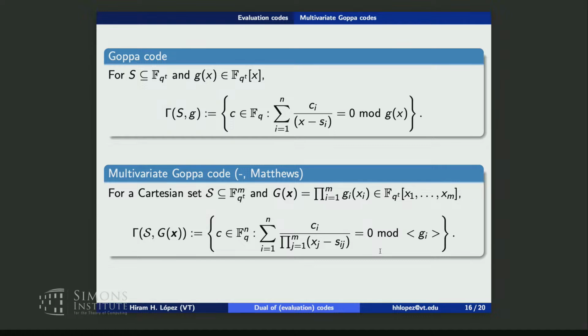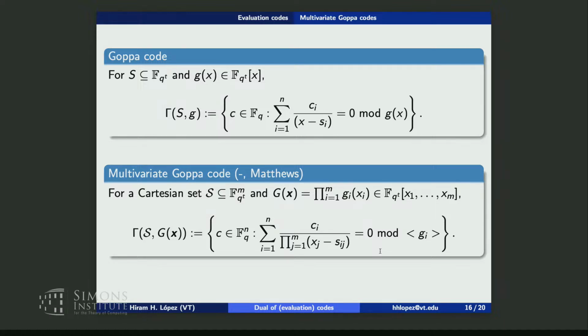I told you that this guy is the subfield subcode of the dual of a Reed-Solomon code. So how can we represent this guy? Maybe there is a better representation than this horrible formula. Well, actually, there is a very nice representation. It turns out that this guy is the subfield subcode of the dual of the tensor product.